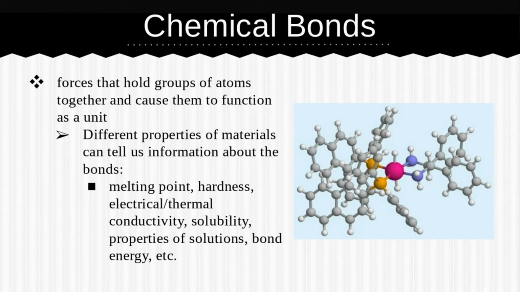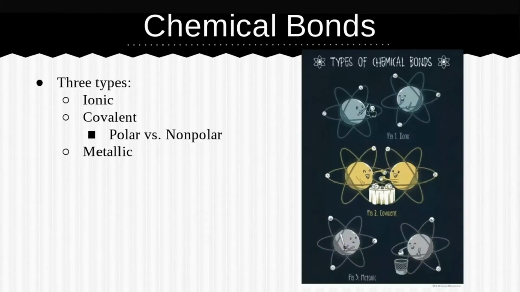The hardness, the electrical and thermal conductivity, solubility, how they form a solution with water or other solvents, the energy of the bonds, things like that. All of those properties that we can measure can tell us what type of bond there is, how strong that bond is, things like that.